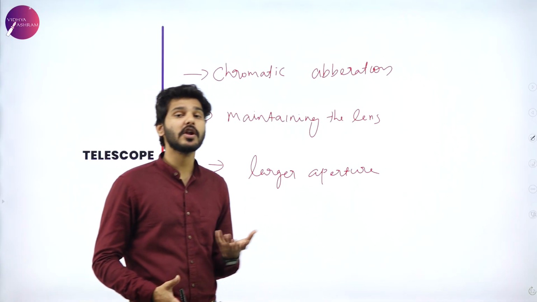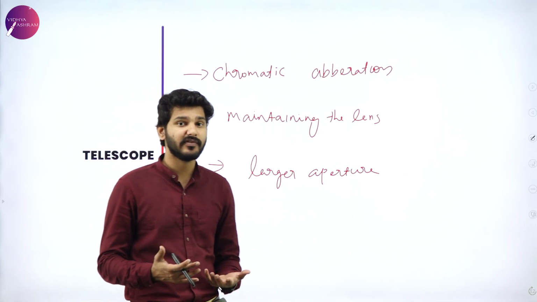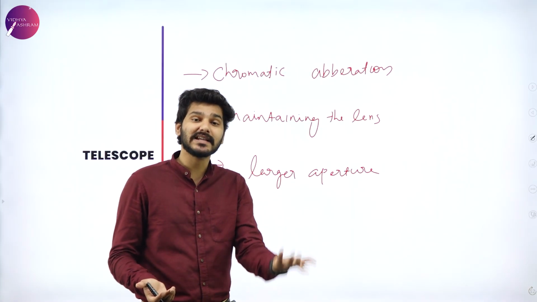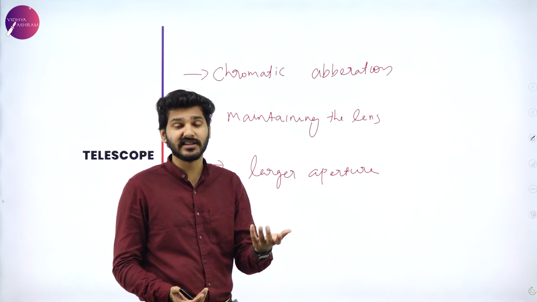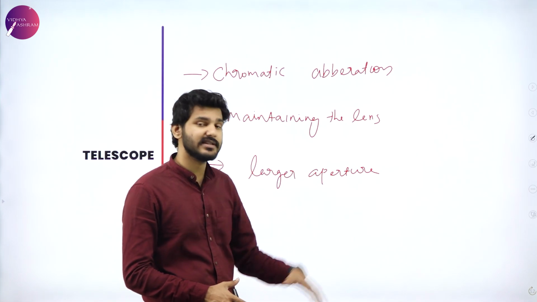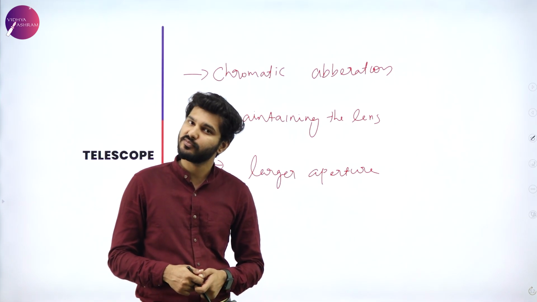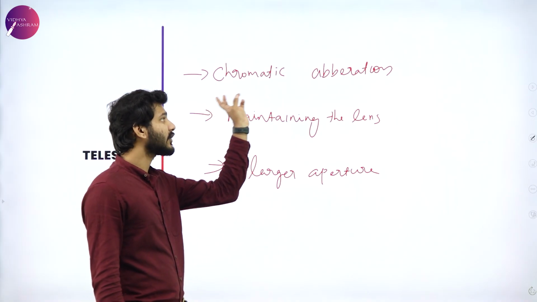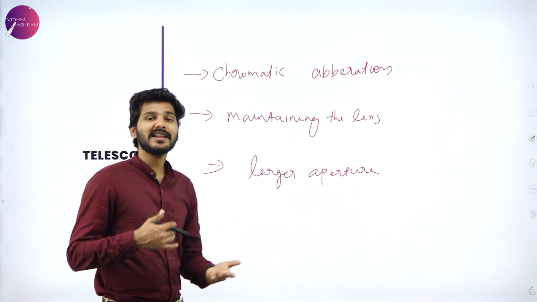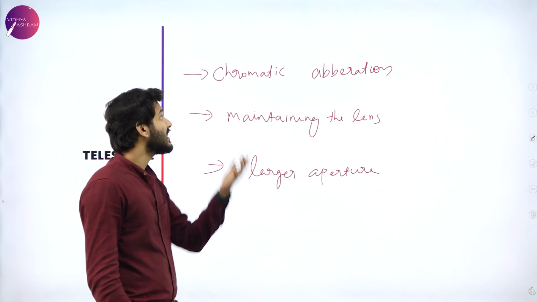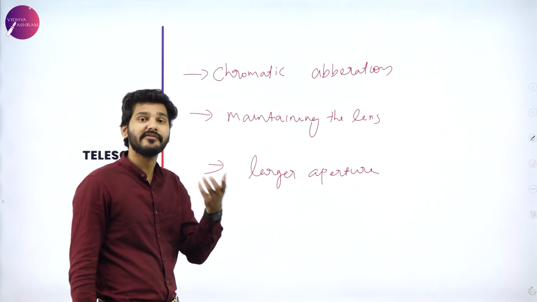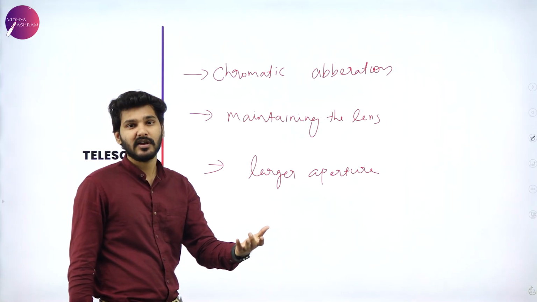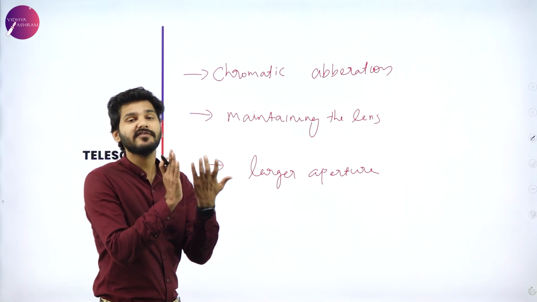In order to avoid all this, we have a new kind of telescope known as the reflecting telescope. The reflecting telescope, or simply Cassegrain telescope, fixes all these errors and can be used much more smoothly. So again, what is chromatic aberration? Chromatic aberration just means that different wavelengths or different frequencies are refracted at different rates, which means there will be a shift in colors.